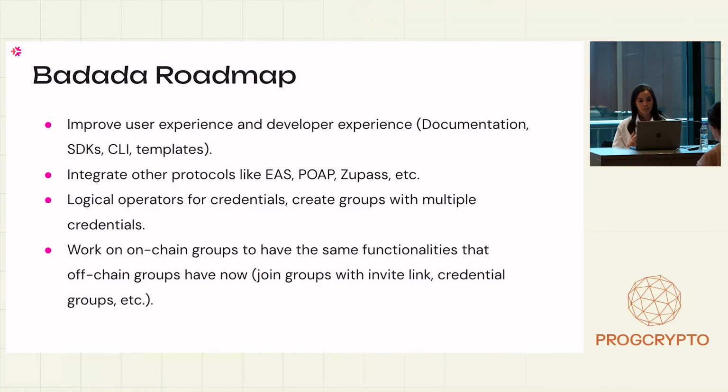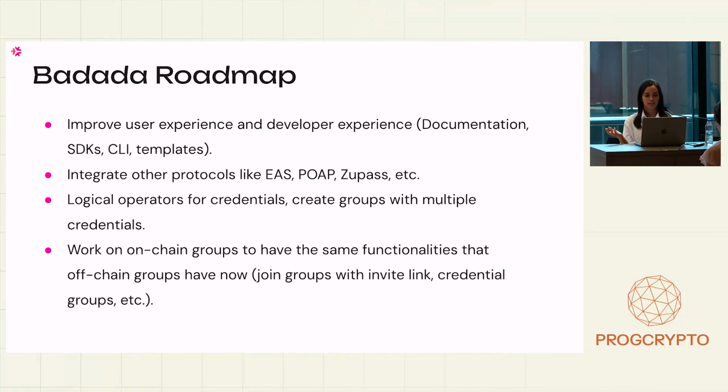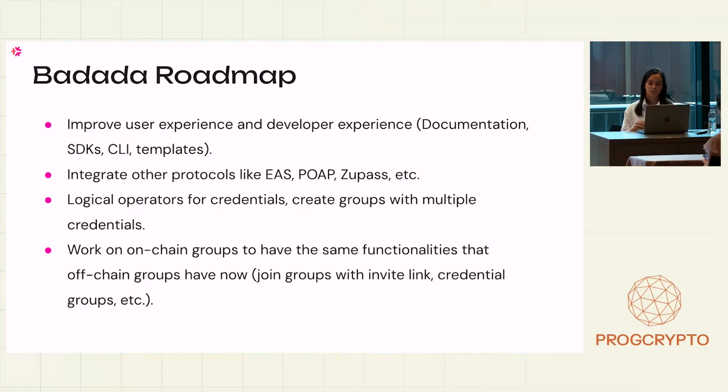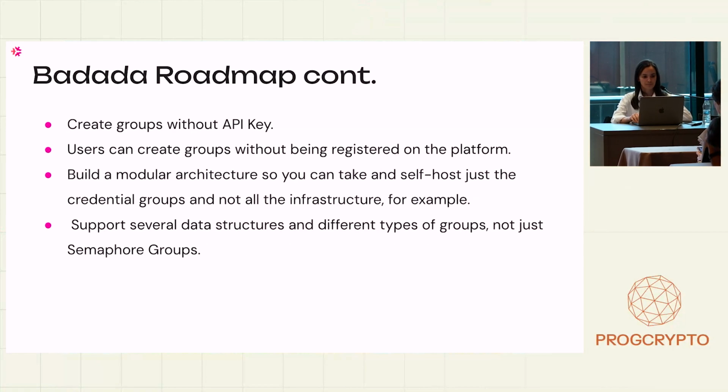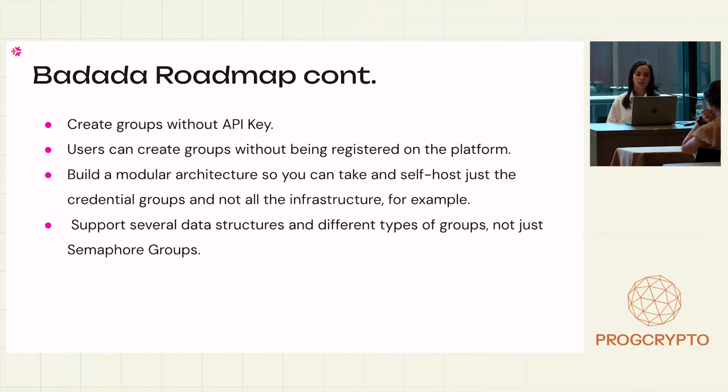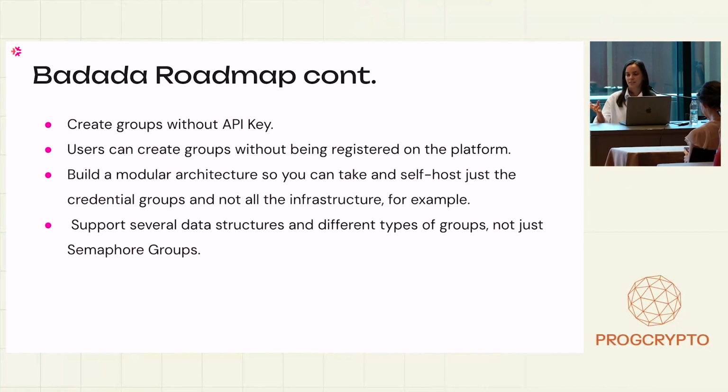We would like to work on on-chain groups to have the same functionalities that off-chain groups have right now, like joining a group with an invite link, credential groups, etc. It would also be nice to create a group without using an API key, directly, and for people to create groups without being registered on the platform.